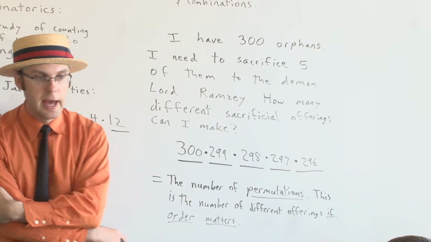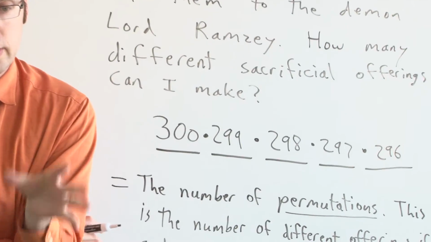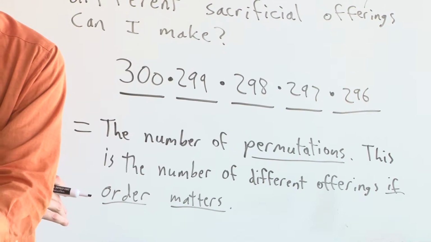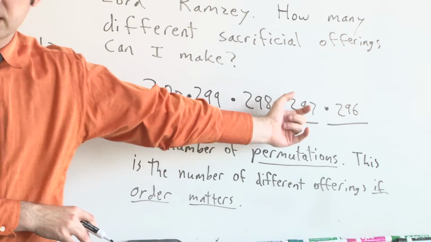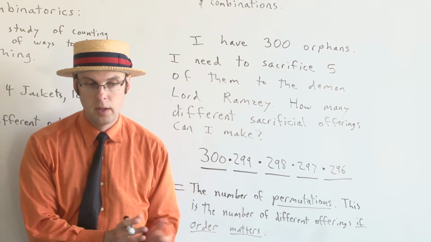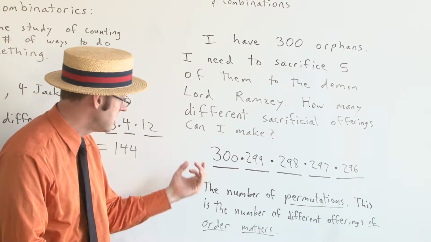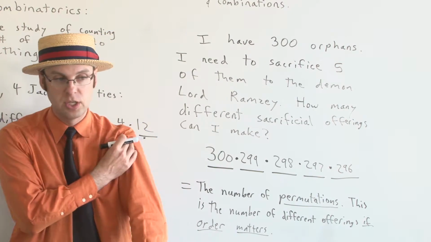What I mean by that is you can usually tell if you're dealing with a permutation type problem if each different position has a special title or a special rank, something to distinguish the different positions from each other.